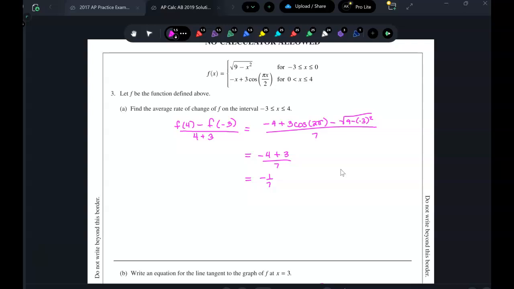Because cosine of 2 pi is the same as cosine of 0, which is 1. So that should be -4 plus 3. I think you probably thought it was 0 if it was sine. And then when you plugged in f of -3, you plugged back into this function. But where is f equal to -3? The top one. And if I plug in -3, I get 0. I probably started rushing.